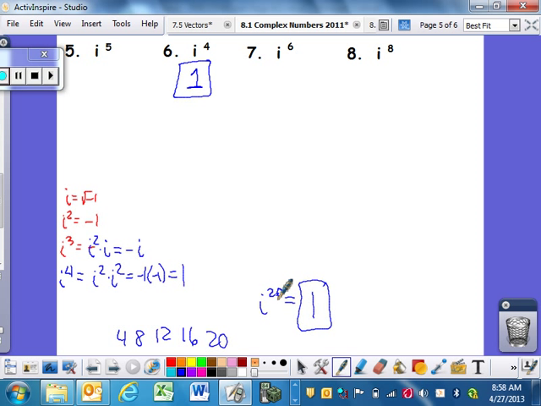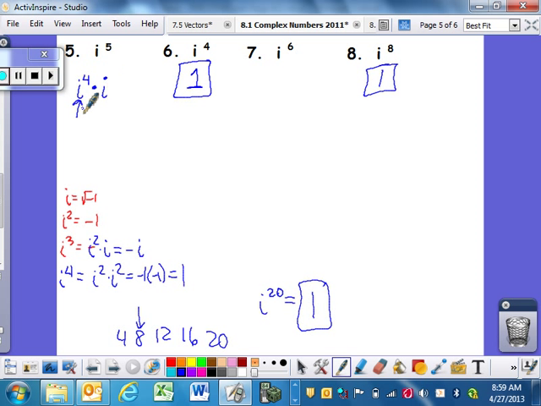So for instance, number 8, when I say i to the 8th, I know that's going to be a 1 as well. And then what I mean by finding the multiple of 4 smaller than the exponent: i to the 5th, for instance, well, the multiple smaller than it that 4 goes into is i to the 4th. And then how many more do you need to get i to the 5th? Just one more.